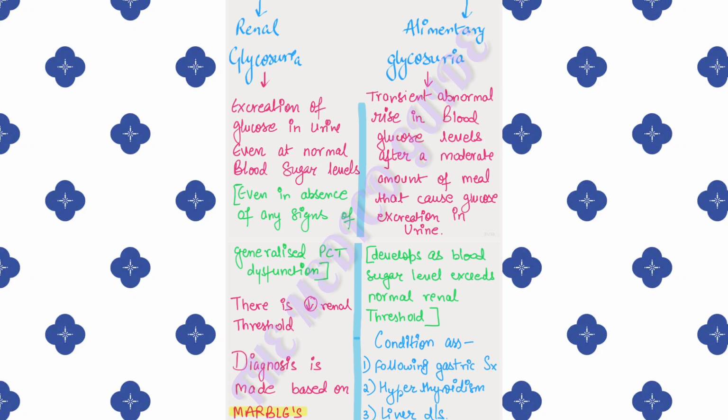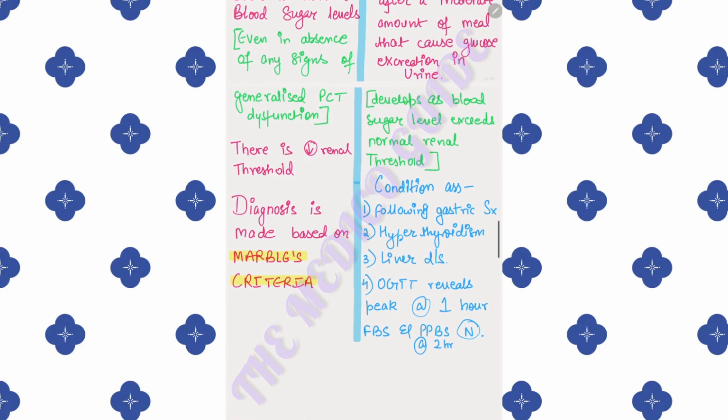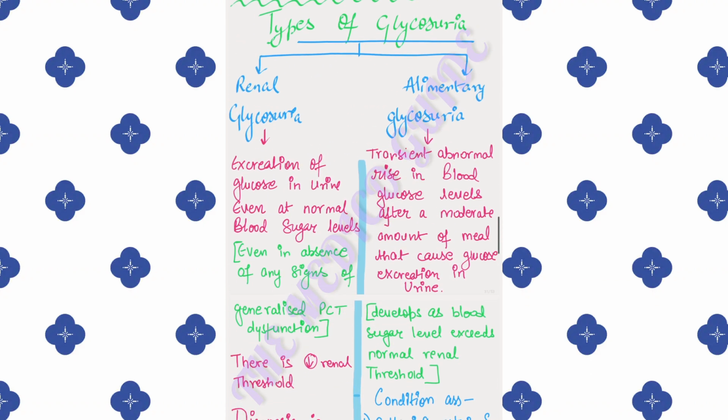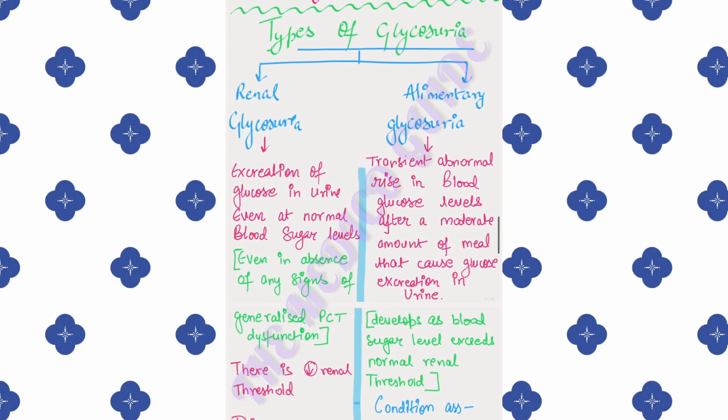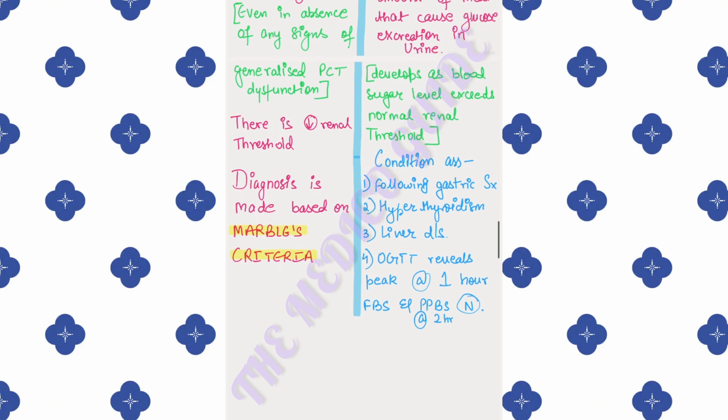Here the renal system is not the culprit. The pathology purely lies in the alimentary system. It develops as the blood sugar level exceeds the normal renal threshold of 180 mg per dl. Now in diabetic patients, you must answer me, what kind of glycosuria is found? It is alimentary glycosuria.